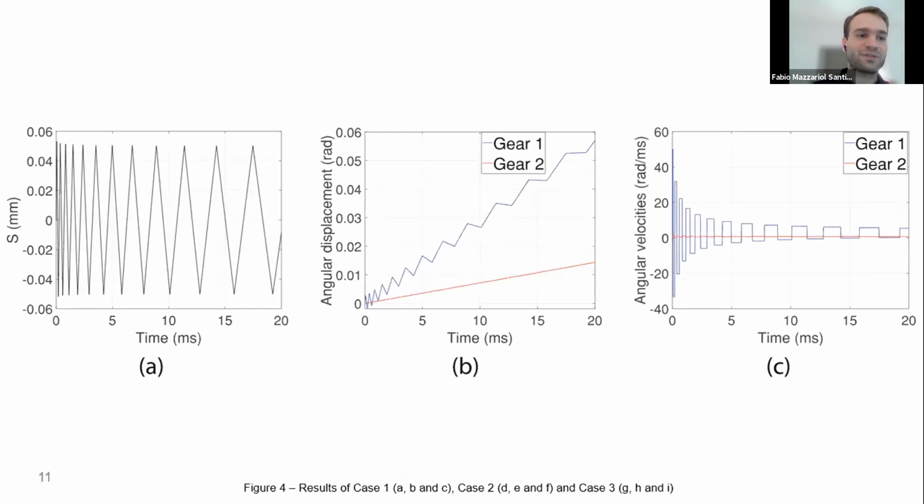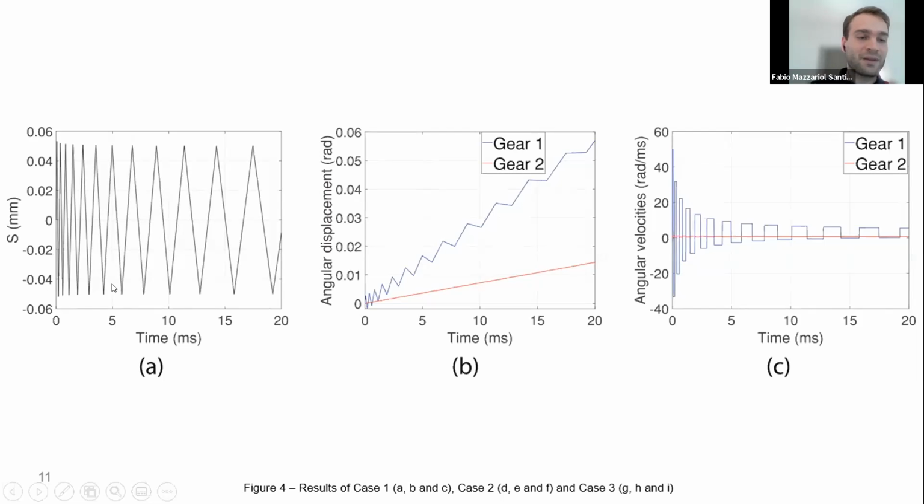So let's see some results. Here we have the relative tangential displacement between the gears in the case of just an initial speed in gear 1. We can see in the second graph the angular displacement of both gears, and in the last graph the angular velocities of both gears.